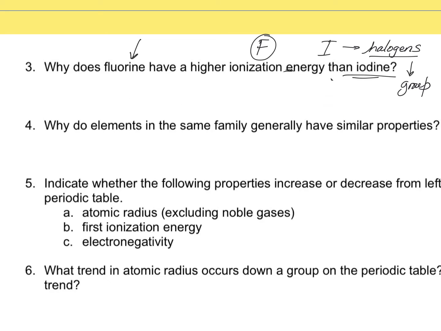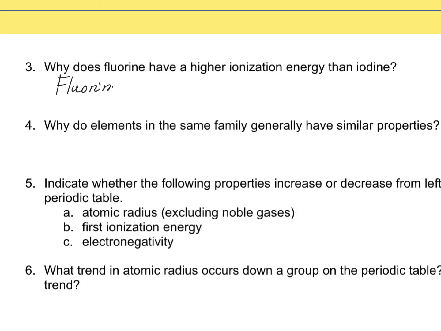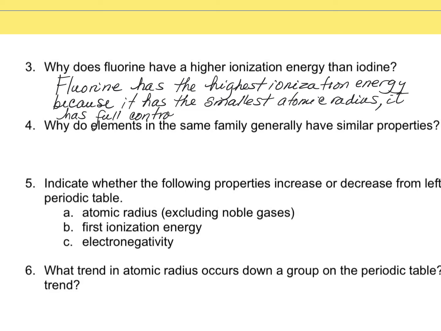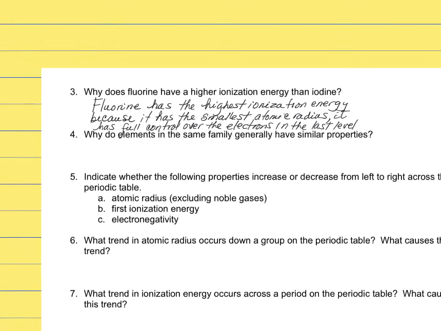Simple. Okay. Fluorine has the highest ionization energy because first, it has the smallest atomic radius, meaning that it has full control over the electrons in the last level of energy.